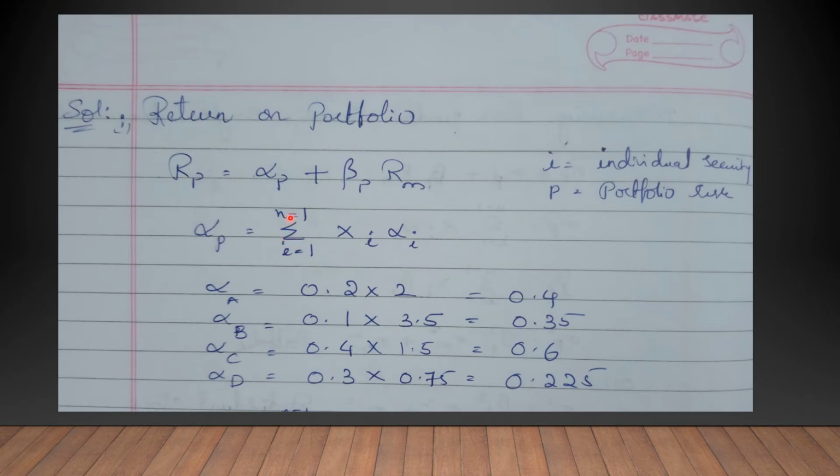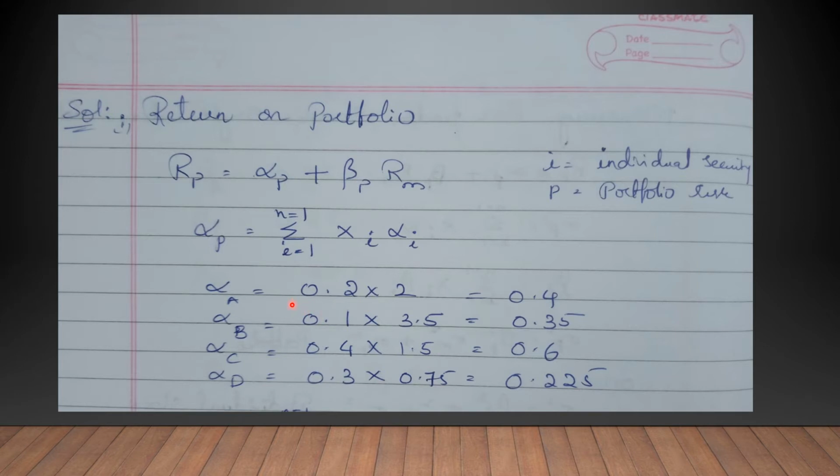Coming to the solution, here we have the Rp formula. Rp equals alpha p plus beta p into Rm, that is the expected return on the portfolio. So alpha p you have to find out.